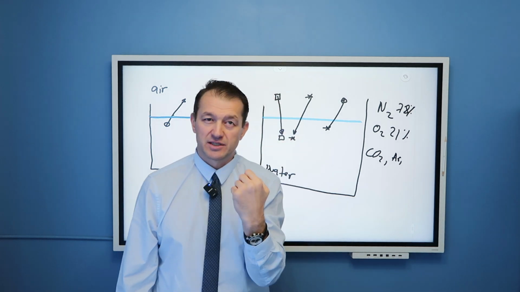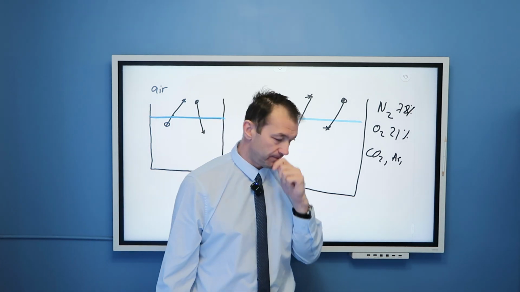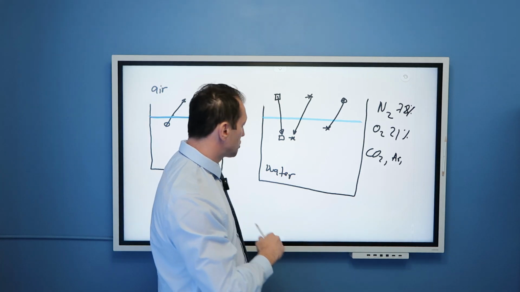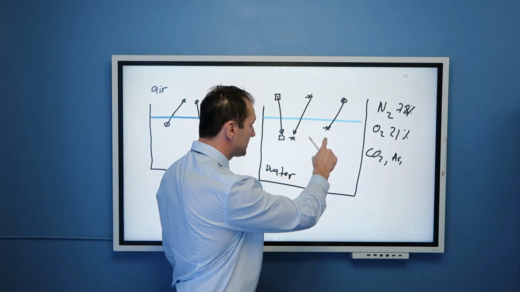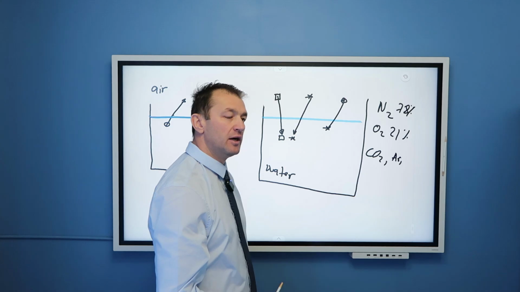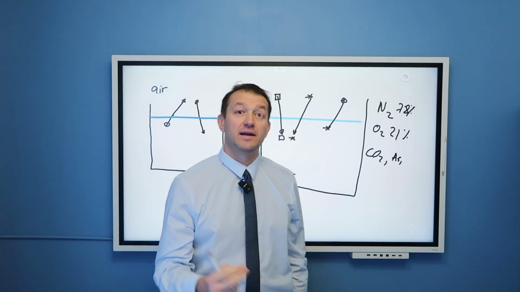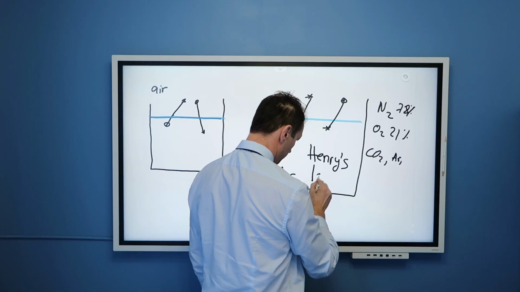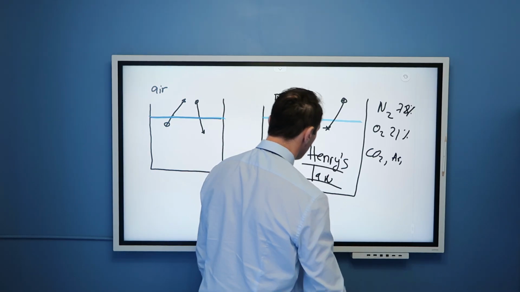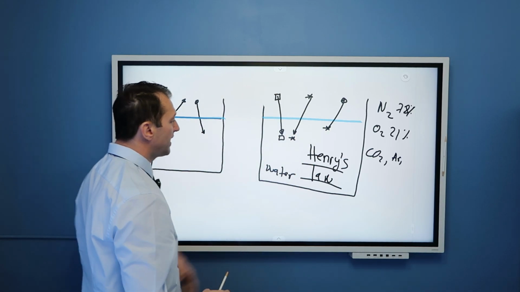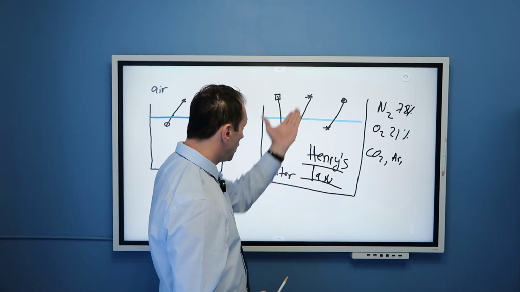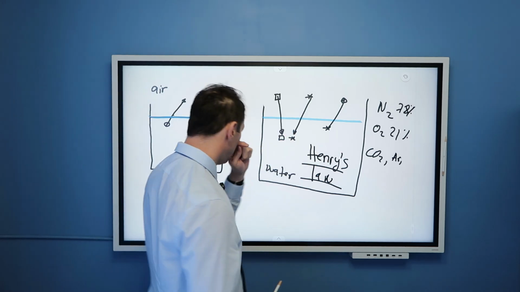So the question is, listen to this carefully, how much dissolved gas can you have in liquid water? The answer is Henry's law. This is a new law we are introducing. Henry's law tells us how much dissolved gas you can have in liquid water.